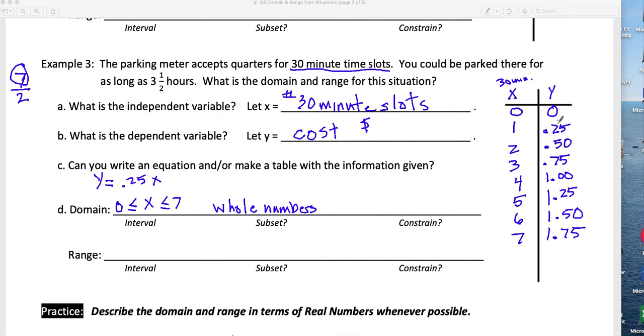Okay, then I've got 0, 0.25, 0.50, 0.75, so I'm going to start at 0. And my range is going to end at 1.75. These are not whole numbers. They're not integers. They're decimals that ended. So these are actually rational numbers.